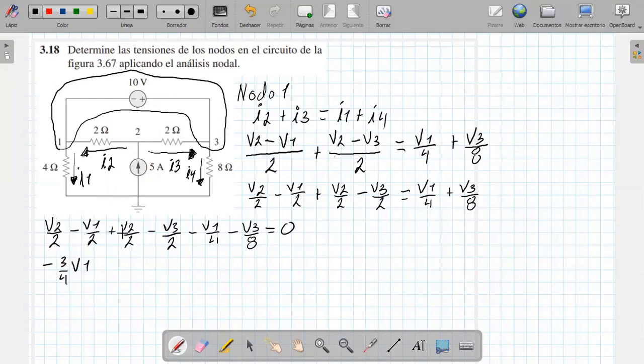Now whatever has V2, which would be 1/2 more 1/2, it would be 1 V2. V3: minus 1/2 minus 1/8, well, they would be minus 5/8 of V3. All that equals 0. Notice that if I multiply by 8 I eliminate the denominators, which is optional, it suits me.